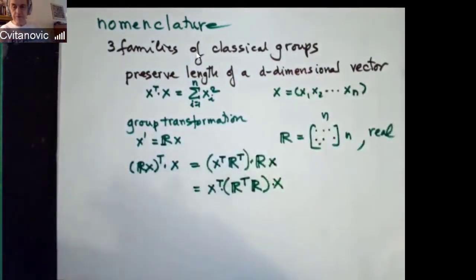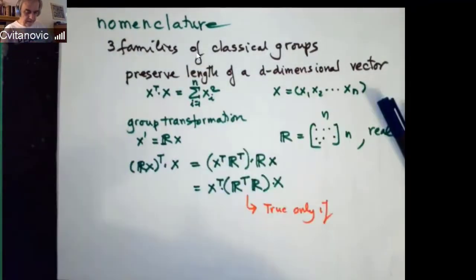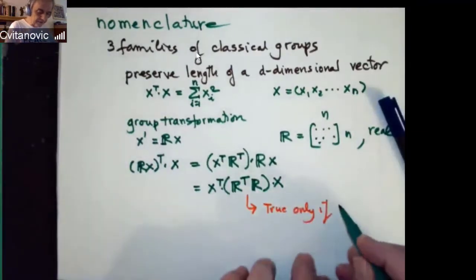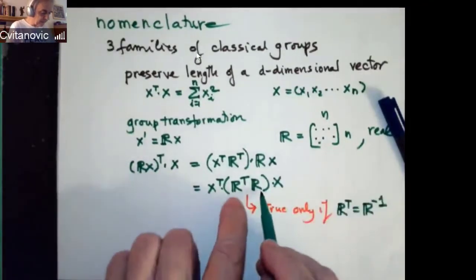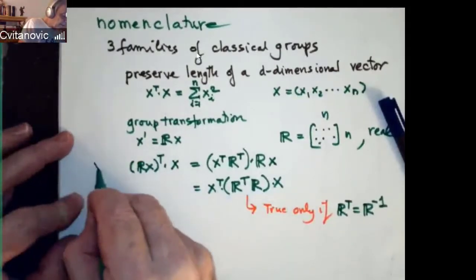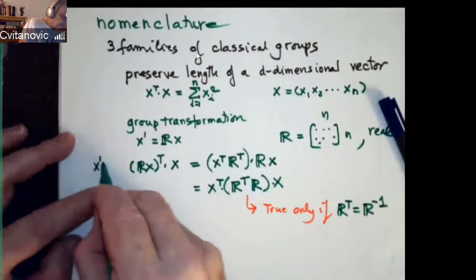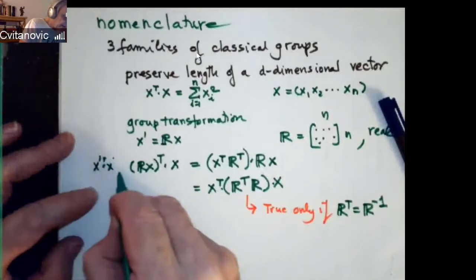And this has to be true for any non-zero X. The only way this can be true is if the matrix transpose is the matrix inverse. Because when that happens, this is identity, and we find out that the length of the vector after transformation is the same as before.